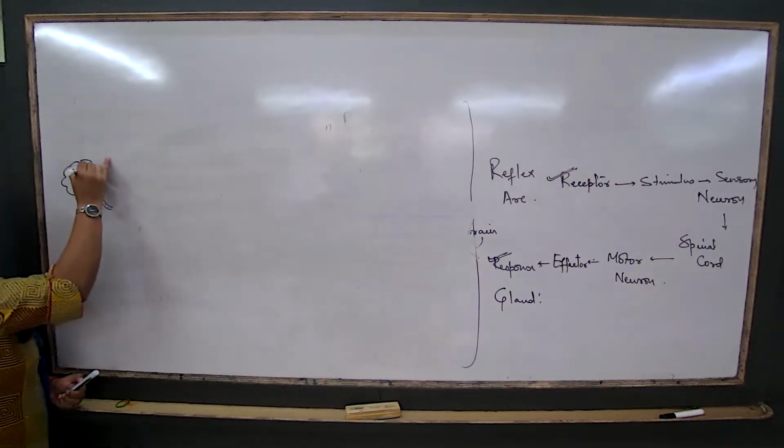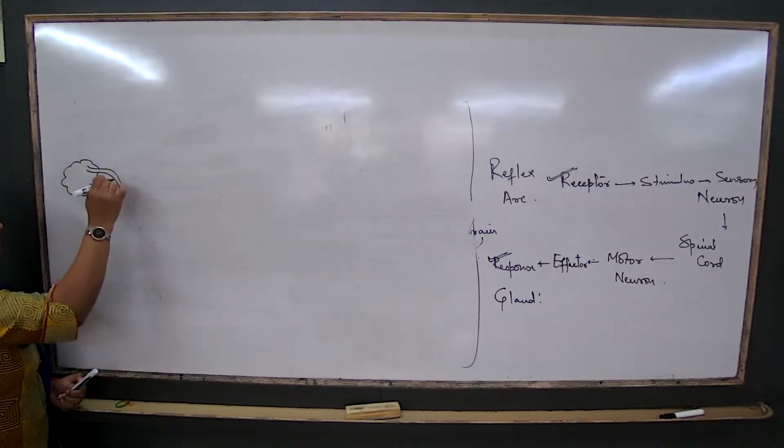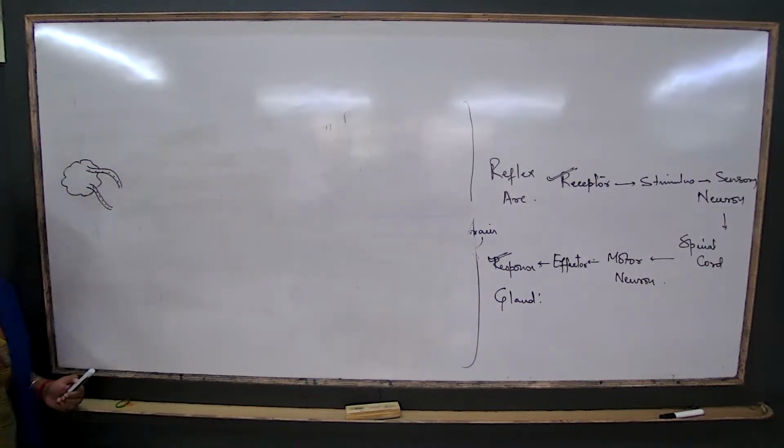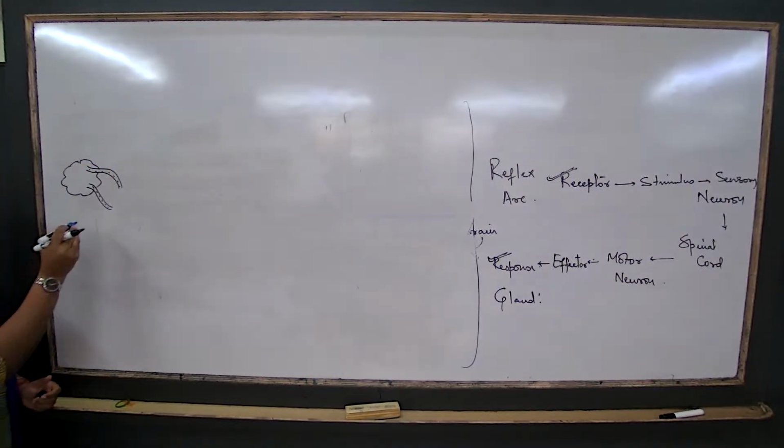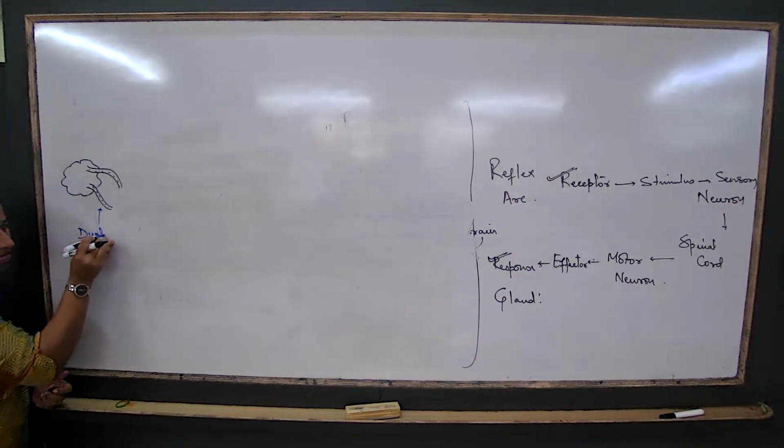So I would understand that if this is a salivary gland, this salivary gland will definitely have some tubes. What are these tubes known as? These tubes are known as ducts.